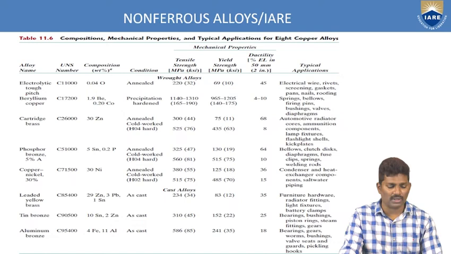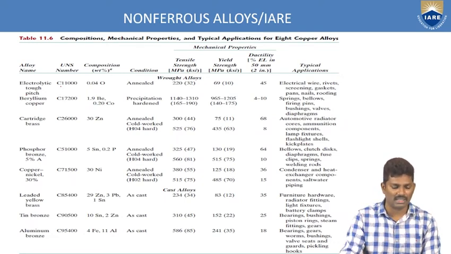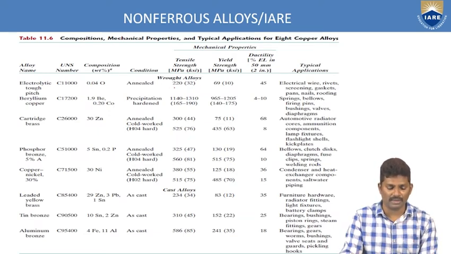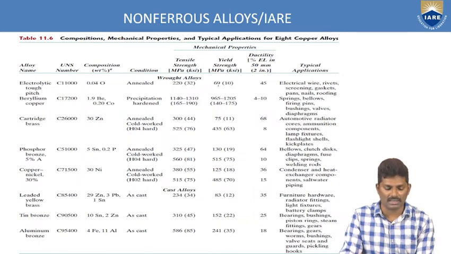In electrolytic tough pitch, what is happening here? It has a unique number, C11000. And what is the composition here? 0.04. The condition is annealed, so you are doing some heating process. And if you see the tensile strength here, you are getting 220 megapascals, yield strength is 69, and ductility is 45.